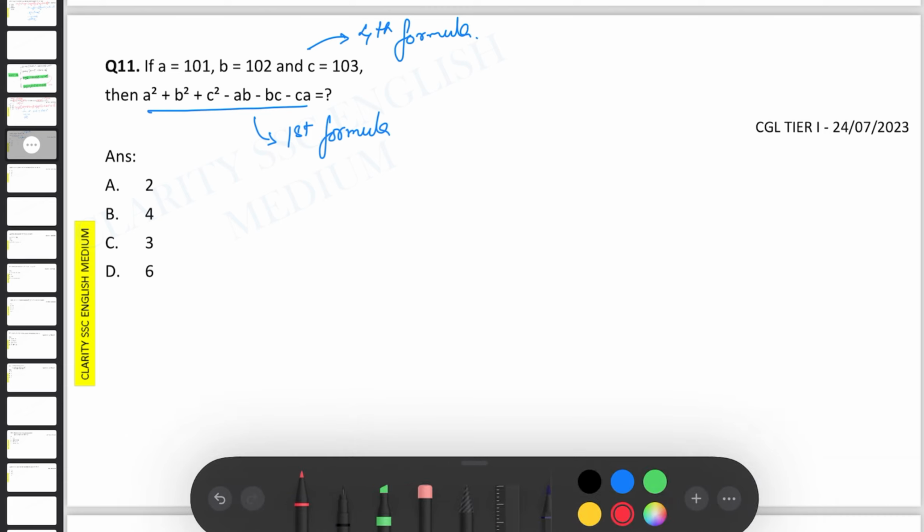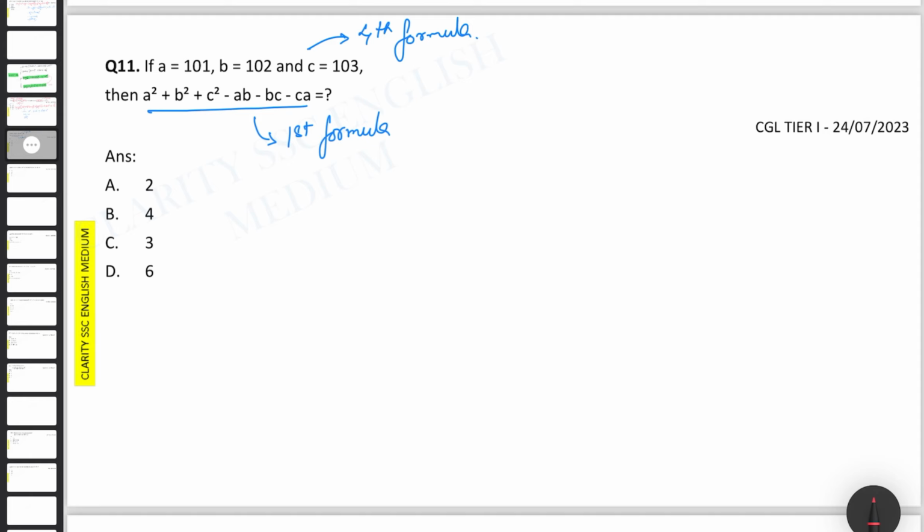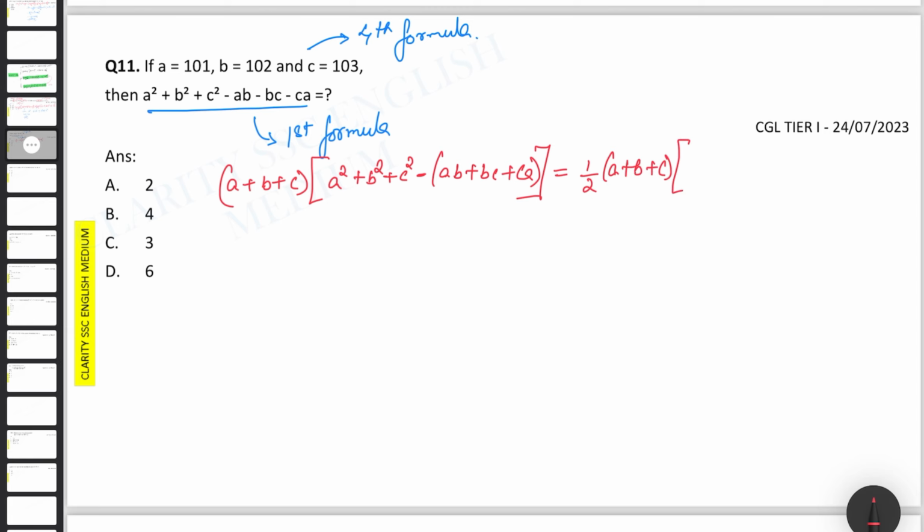What do the first and the fourth formula say? a plus b plus c into a square plus b square plus c square minus ab plus bc plus ca is equal to 1 by 2 into a plus b plus c into a minus b whole square plus b minus c whole square plus c minus a whole square.